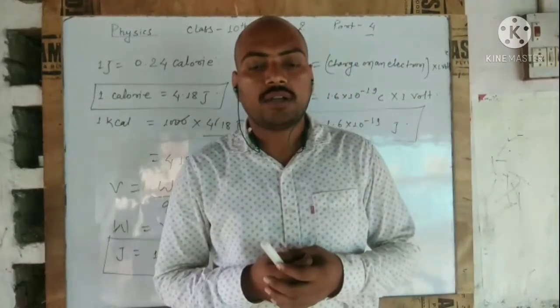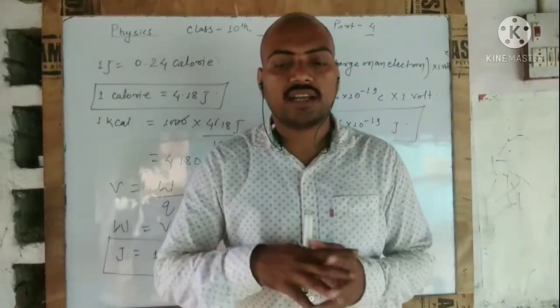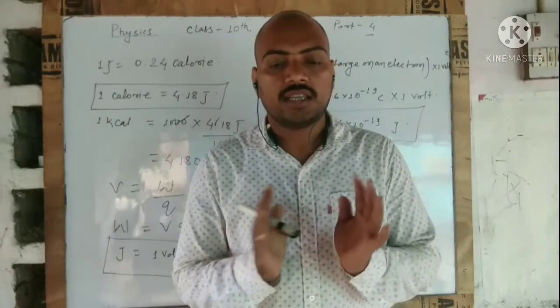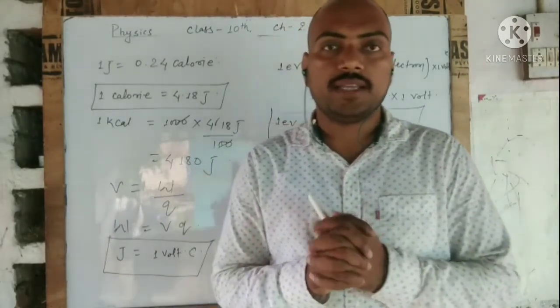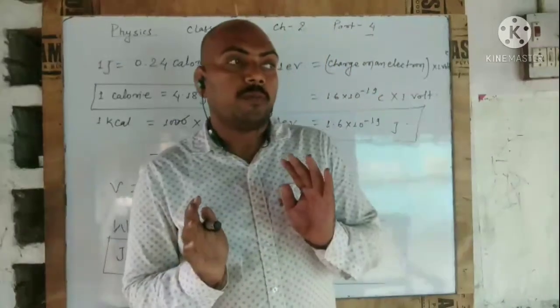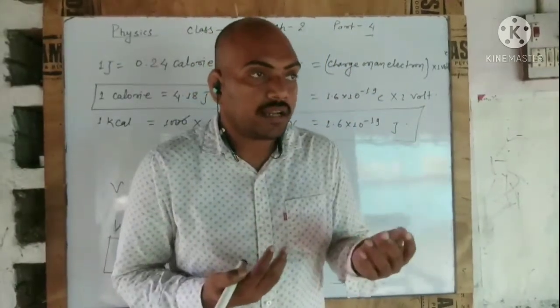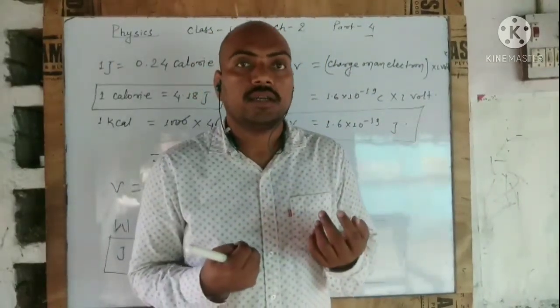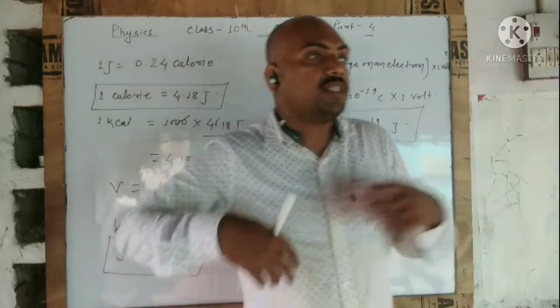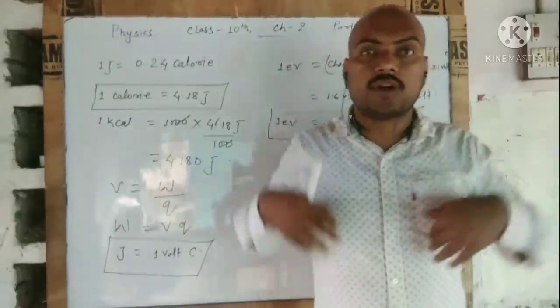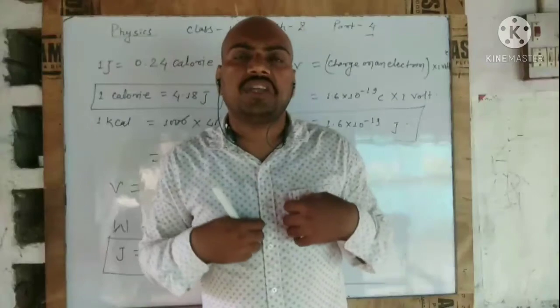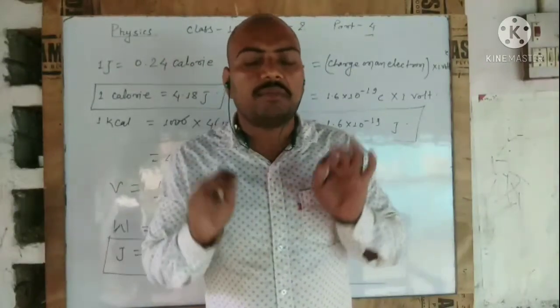Power of a source is the rate at which energy is supplied by it. I may have lots of energy, but if my rate is very slow, it means I have low power.